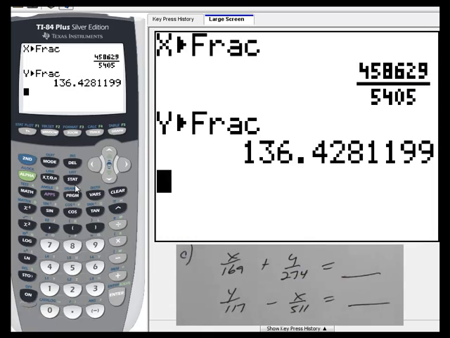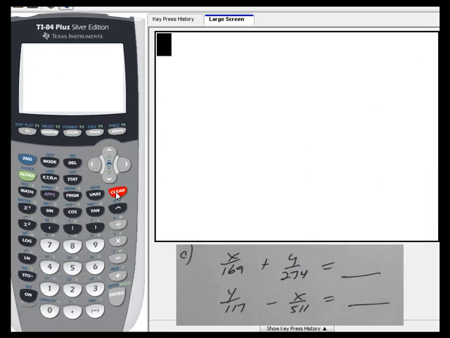Okay, at the calculator, we may decide to clear the screen and look at that first left-hand side of the equation and record it. That's x divided by 169 plus y divided by 274.